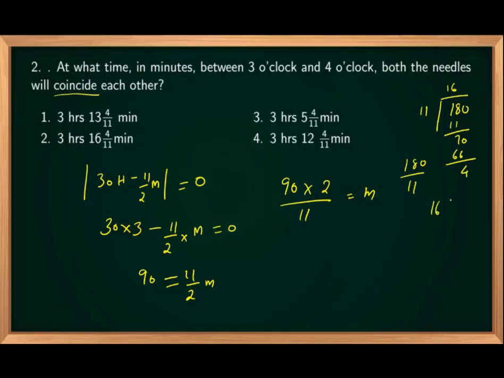Therefore 16 minutes, 16 4 by 11 minutes. So the time will be 3 hours 16 4 by 11 minutes. That is the second option. Is it clear? Okay, all are clear. Next question.